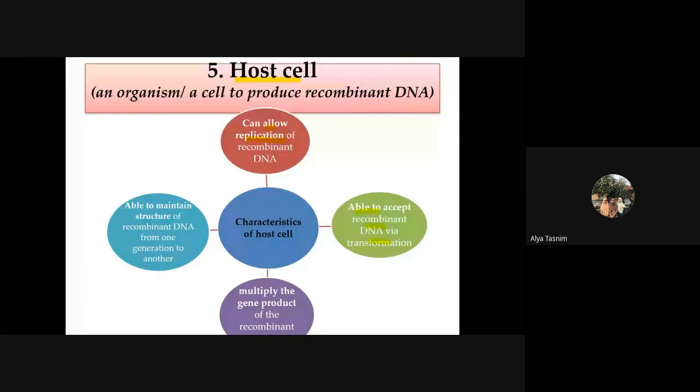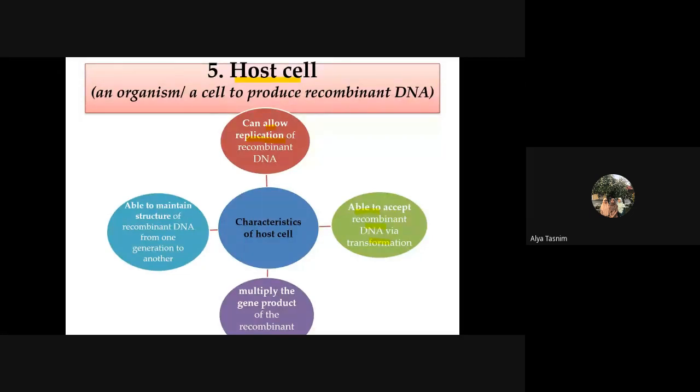Okay. So the next characteristic is that it is able to maintain structure of recombinant DNA from one generation to another. So kalau bacteria cell ni, dia akan maintain lah kan the sequence of the recombinant DNA without changing the sequence, okay, as the bacterial cell multiply or divide.